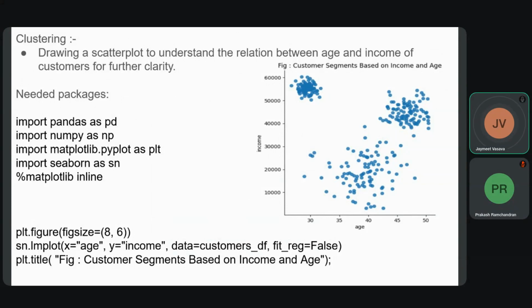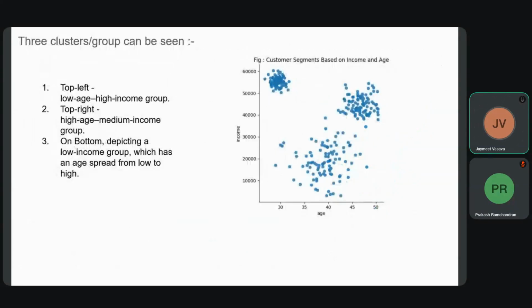And you can see that certain clusters are formed. We can see that there are 3 clusters being formed, and just roughly pointing out those clusters informally, one is low age, high income, which is on the top left, then medium age, medium income on the bottom side of the graph, and higher age and higher income on the top right of the graph.